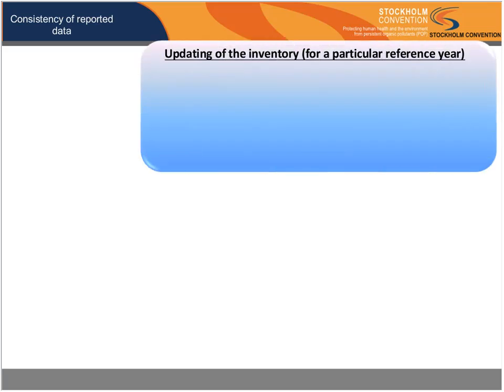Now I will show you a quite complex graphic which is trying to explain the issue of updating and revising the inventories. I would also like to draw your attention to the fact, can you switch on the light?